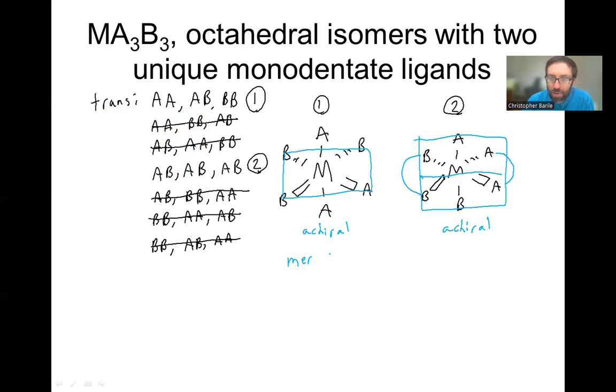We abbreviate that with MER. And this one is the FAC isomer, or the facial isomer, that's the abbreviation. And the reason why they're called this is the three A's and three B's are on one face of the octahedron.